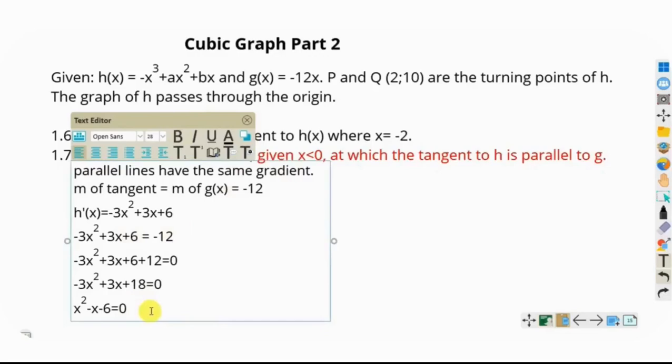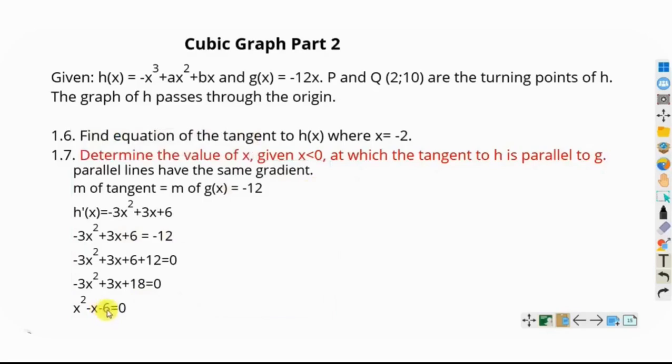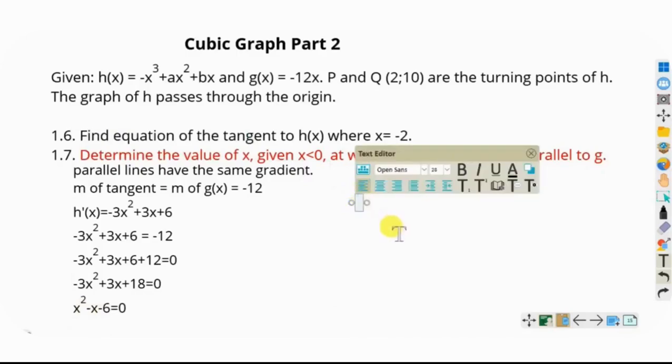What I'm going to do here is factorize. Two numbers that multiply to give negative 6 and add to give negative 1 for the middle term. That part I've already covered in my previous lessons when I was teaching how to solve for x. If you forgot, go back, watch the tutorials and revise. The factors of 6 are 3 and 2.